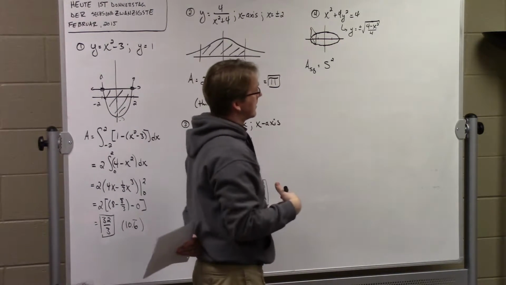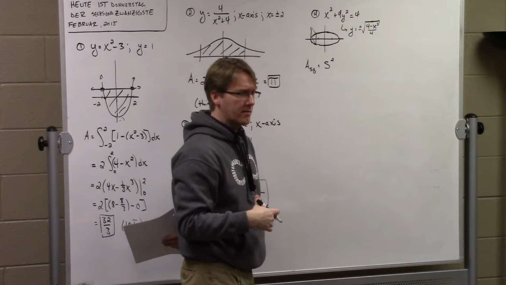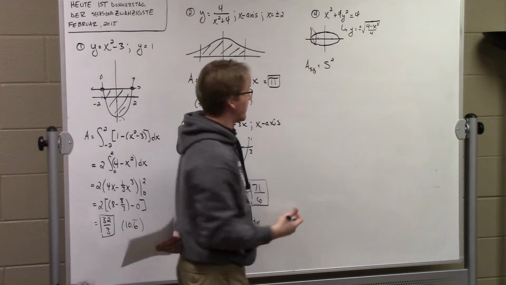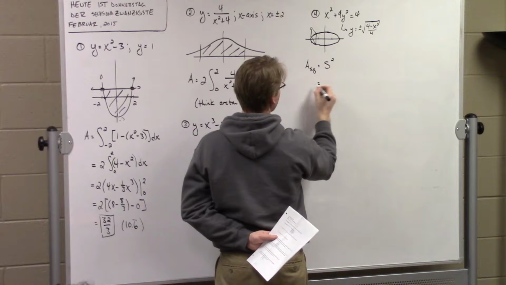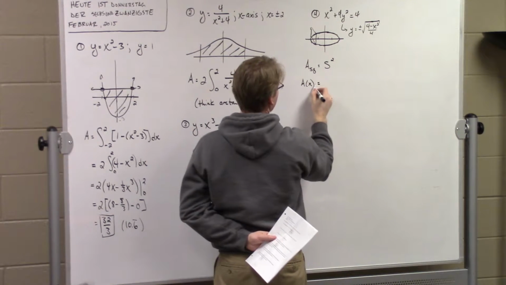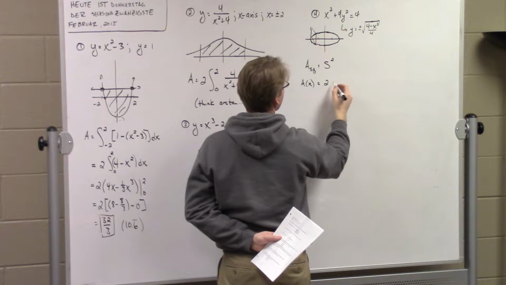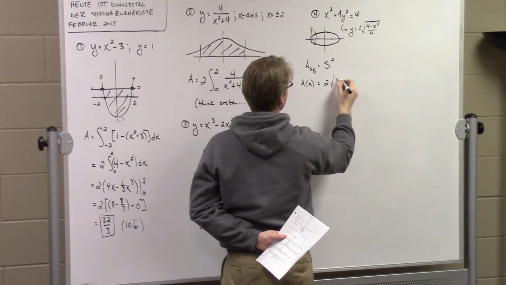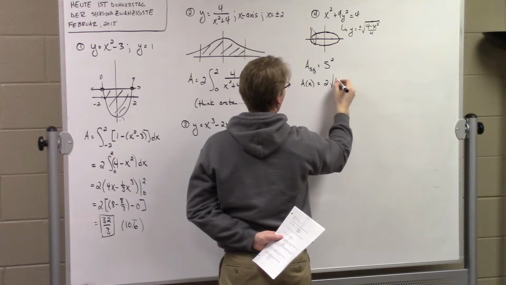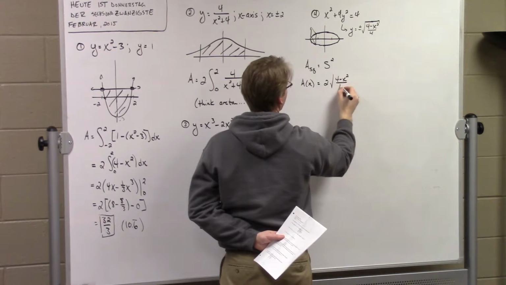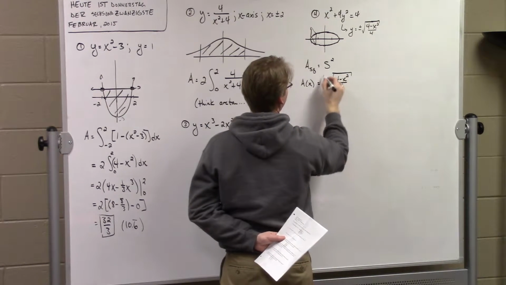All we really need to do is take either the top minus the bottom, or just take the top and double it, it's the same thing. So a side is going to be that doubled. I could write 4 minus x squared over 4.